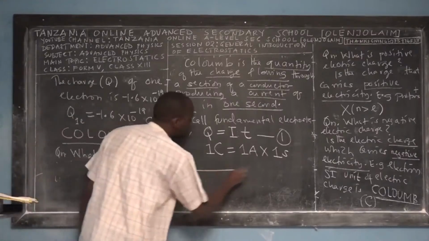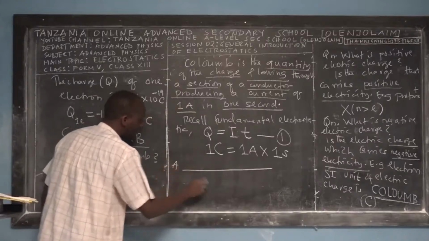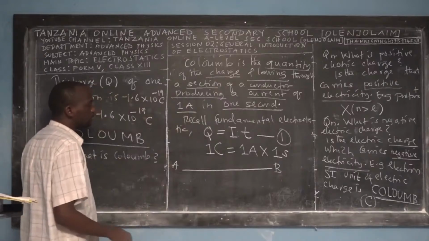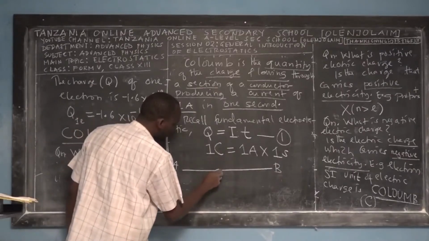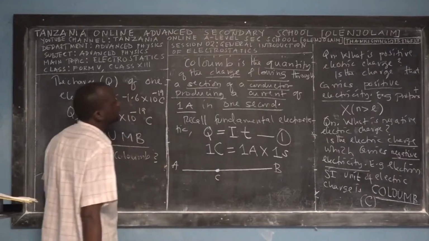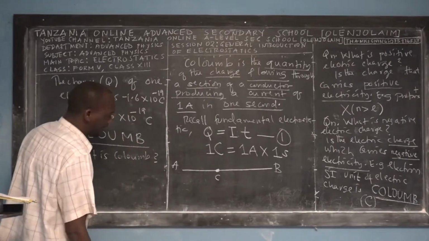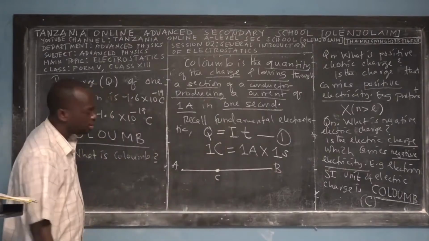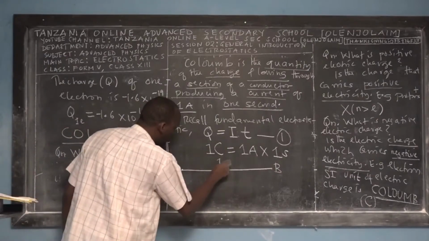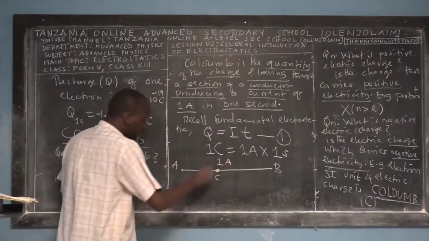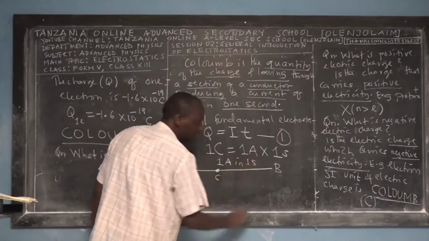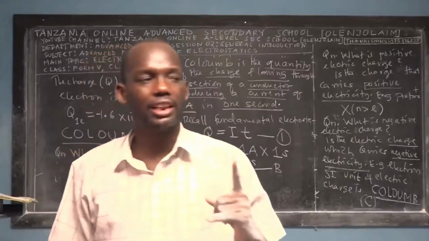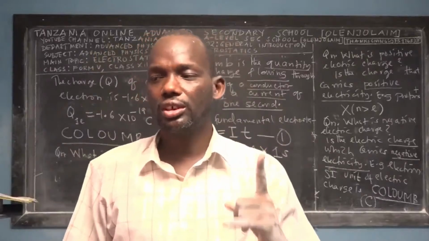Suppose that this is the conductor from point A to point B. A coulomb, a quantity of charge, is flowing and passing at point C. When it flows from point A to point B, that coulomb produces a current of only 1 ampere in 1 second.